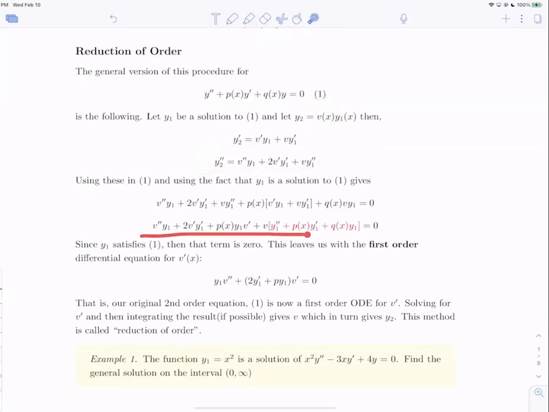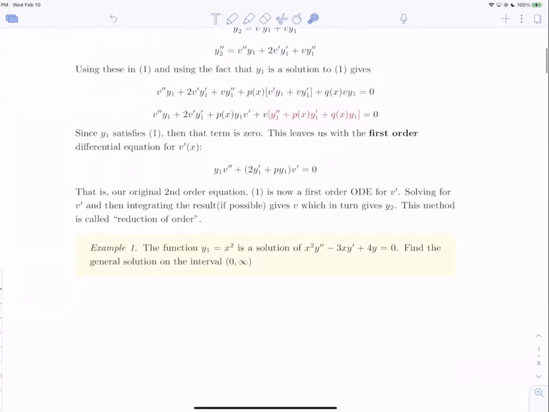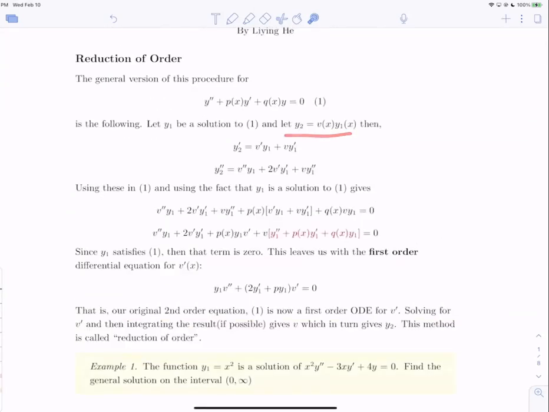You should get this, where you can cancel out some terms, and eventually you should be able to solve for v. That can be simplified to a first order ODE if you let v prime equal u. So that's going to be y1 u prime plus something, and then u equals 0. You can solve this first order ODE easily, and after you find your v, you can plug back in to find your y2.